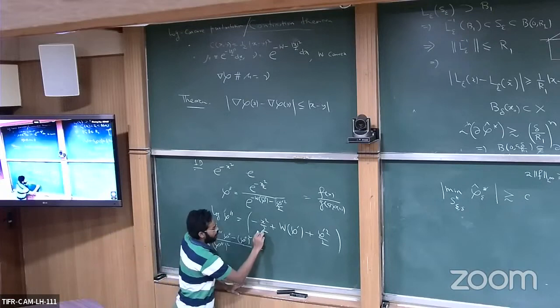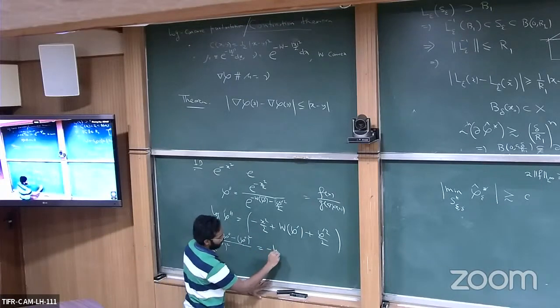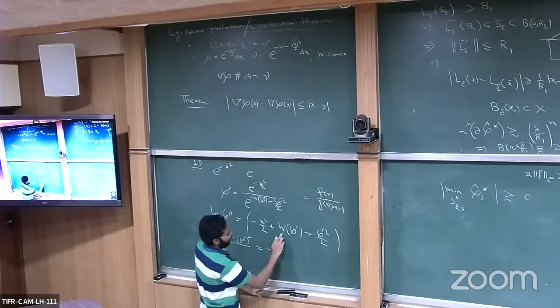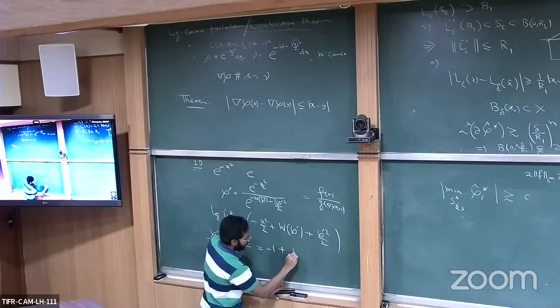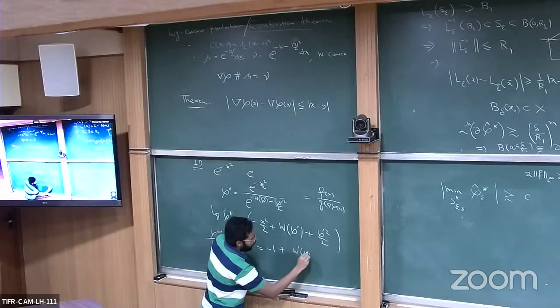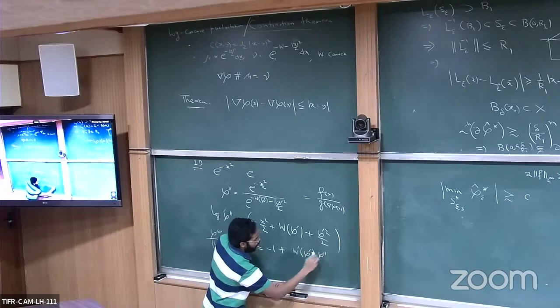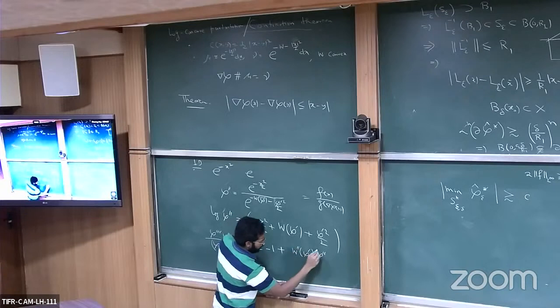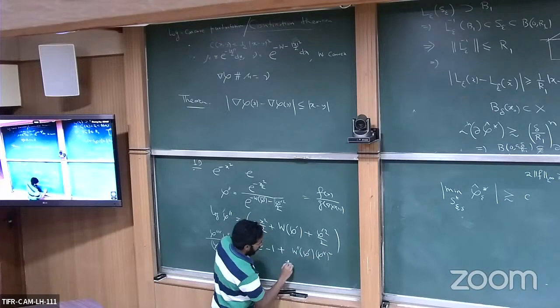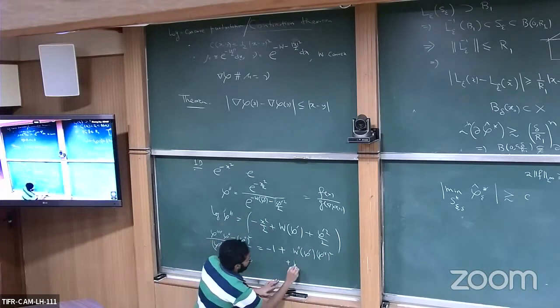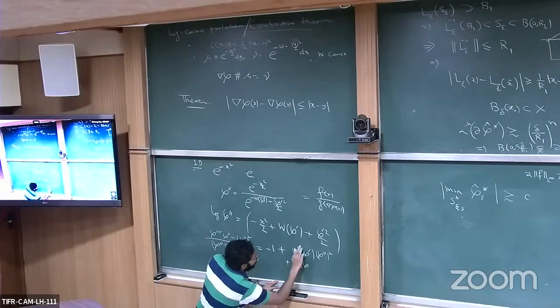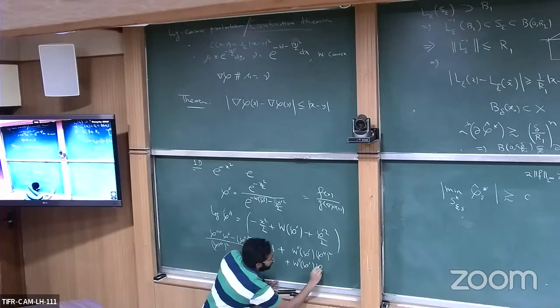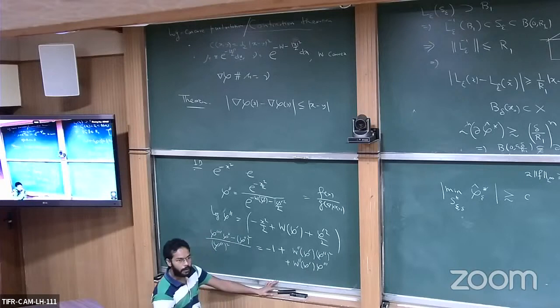The right hand side, if I differentiate twice, this is minus 1, and this is plus. If I differentiate once, then this is w prime phi prime times phi double prime. I have to differentiate it again, then w double prime phi prime square, and what is the other term? So w prime phi prime times phi triple prime. Okay.